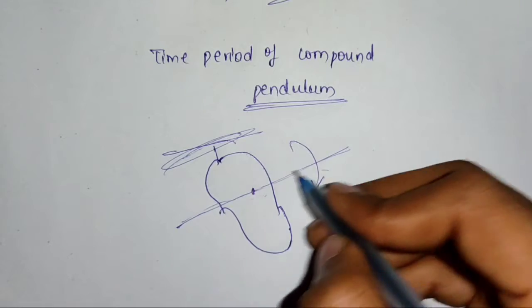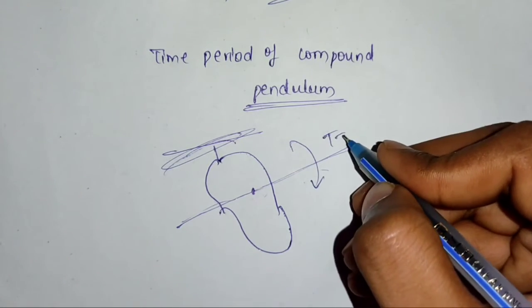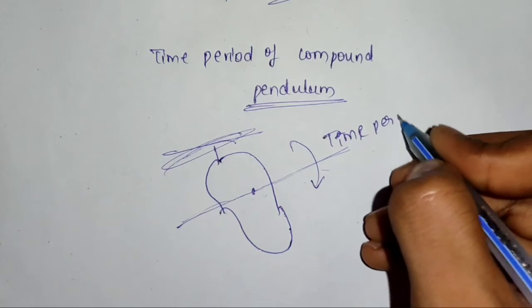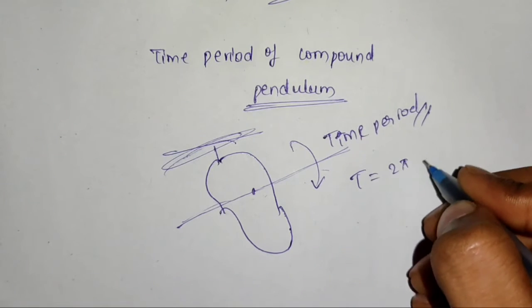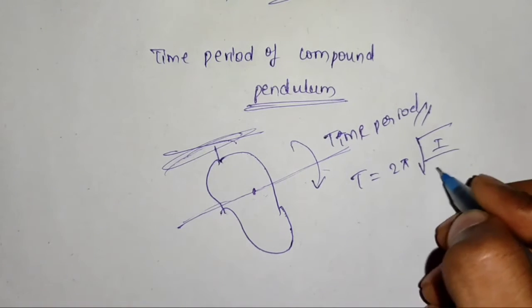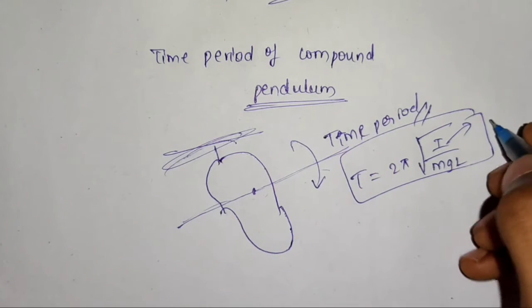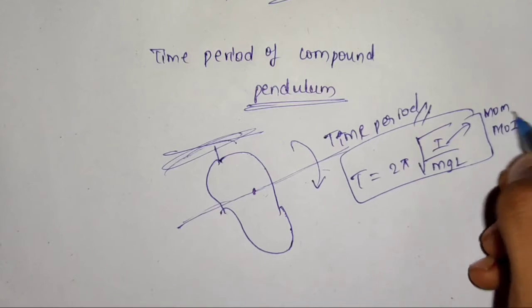Okay, here also it executes SHM, so you have to find out the time period of this pendulum. Time period, that is T is equal to 2 pi under root I by mgl. I is the moment of inertia.